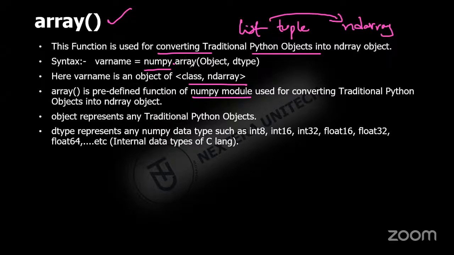What is the purpose of array? It helps us with conversion. If you take any traditional Python object and you want to convert it into an NDarray object, we can do it using the array function. How? I'll just pass that Python object inside the array function so that it gives me an n-dimensional array as output.